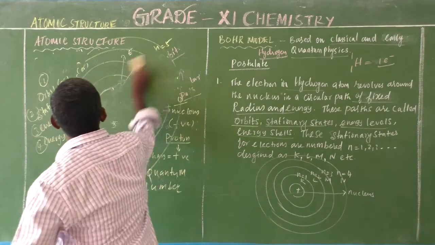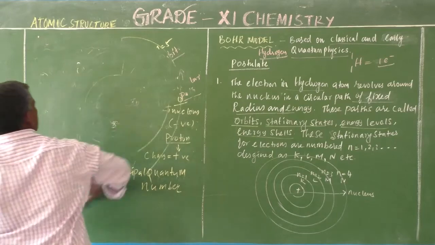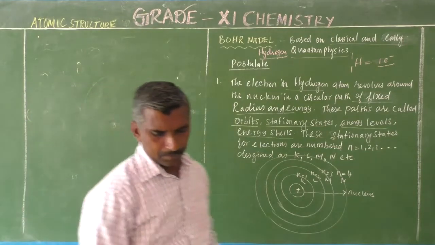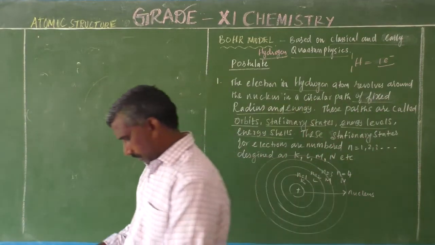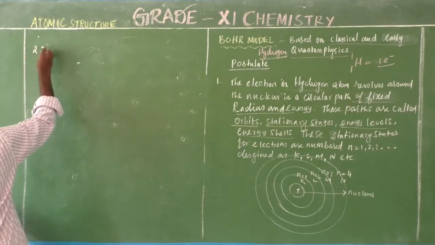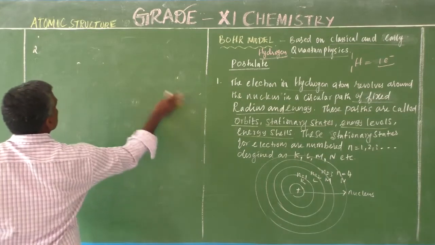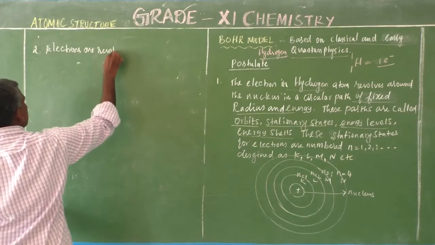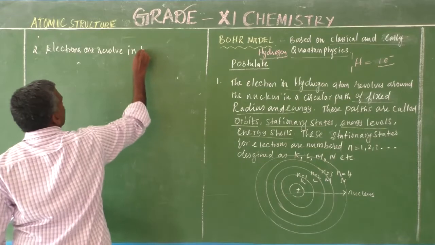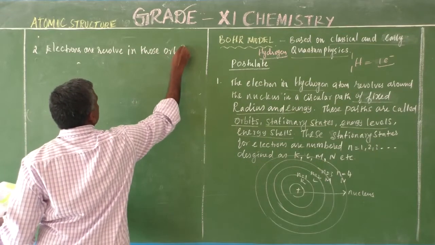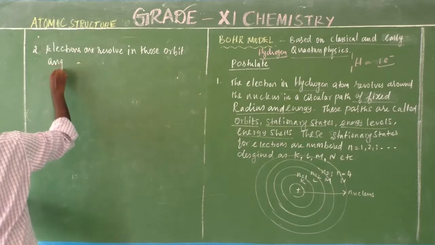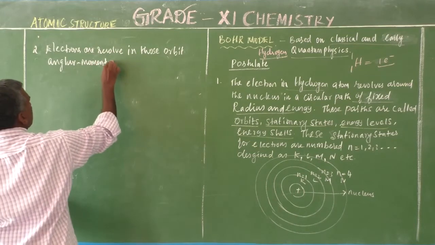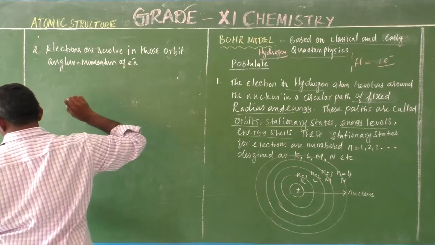Now the second postulate. Electrons are revolving in those orbits, and the angular momentum of the electron is quantized.